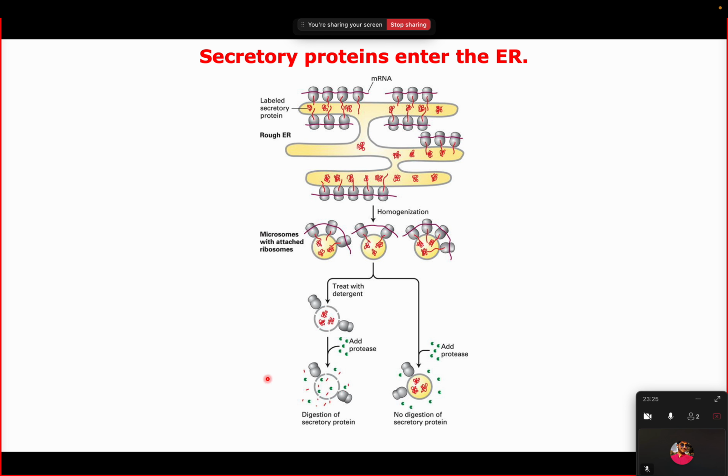You will get the digested protein. On the other hand, if you don't add any detergent, meaning the membrane is still intact, and then you add proteases, what will happen? The proteases won't have any access to the protein and hence it won't be able to digest.